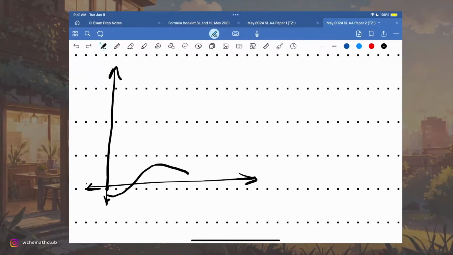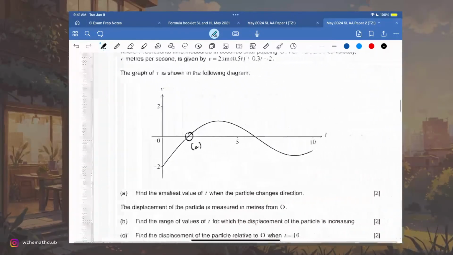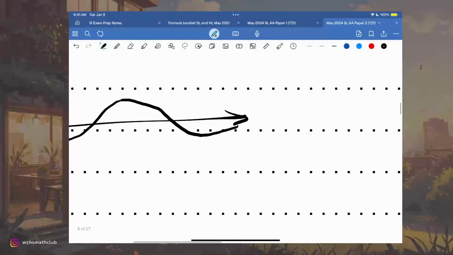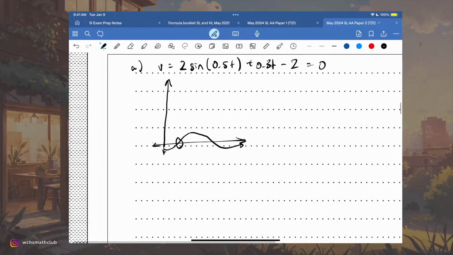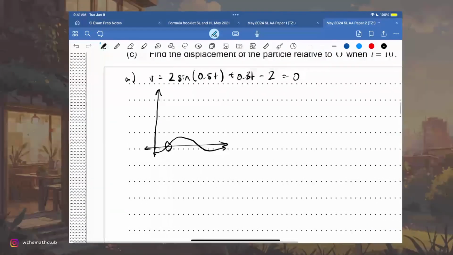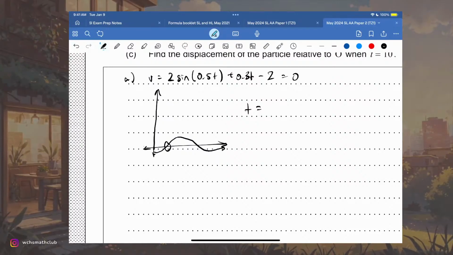We have a function that goes like this, and it should kind of look like the one that you have above. And then here, this is the particular value we're looking for. We're going to set t equals, and find the intersect, which is the one that we circled.